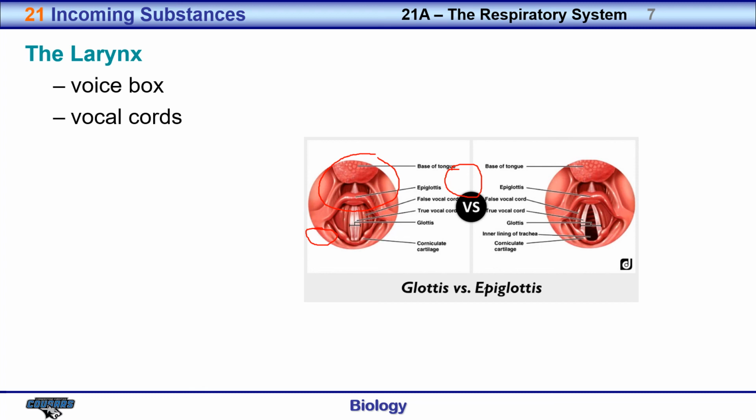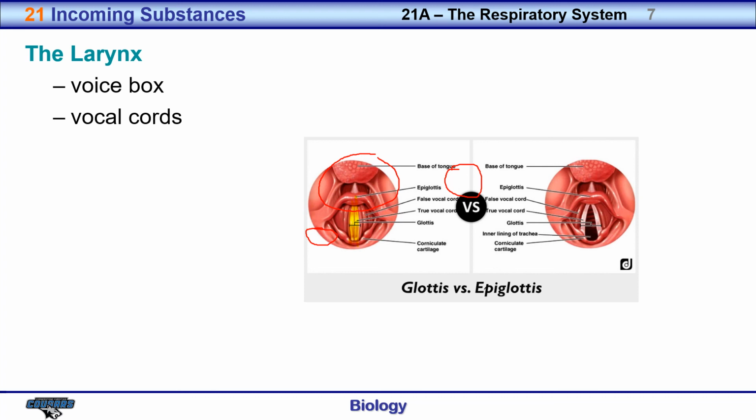Now the vocal cords, as you can see right here, are those two strips that look kind of whitish colored, and when you're trying to make sound, this area right in here is pulled pretty tight, and as you push air between them, it causes them to vibrate and make sound.